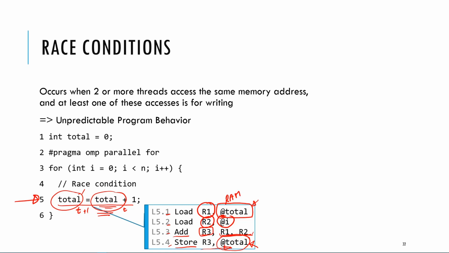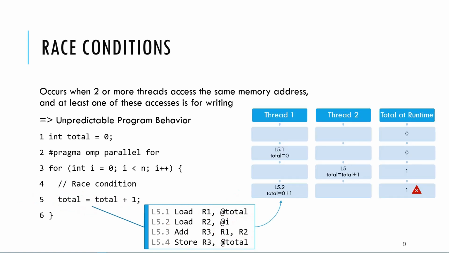Now the question is, what would happen if two different threads, thread 1 and thread 2, happen to execute the same instruction number 5 at the same time? And what if one of them is paused or interrupted amidst the execution of one of those lines? Suppose that thread number 1 has only executed line 5.1, just loading the value of total from the memory into the register R1.